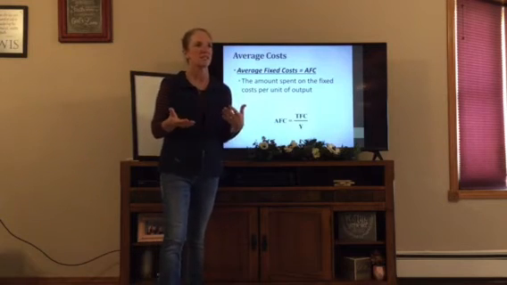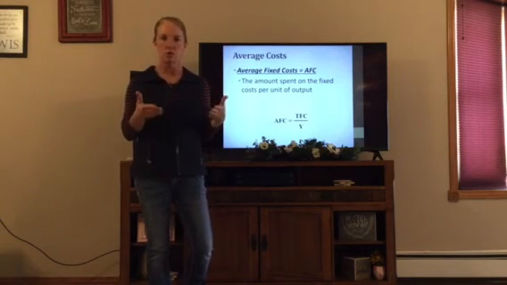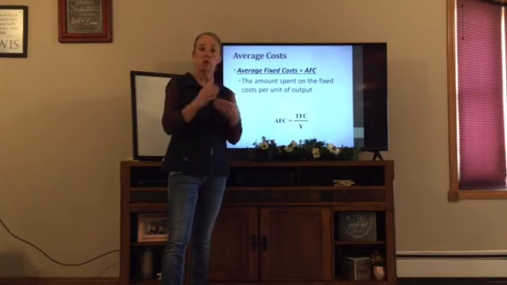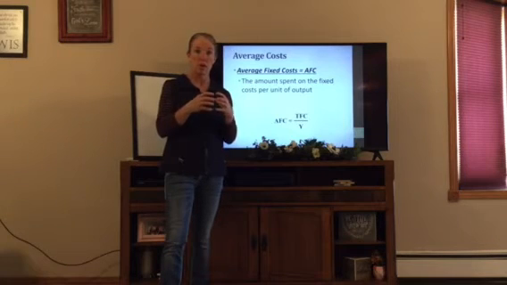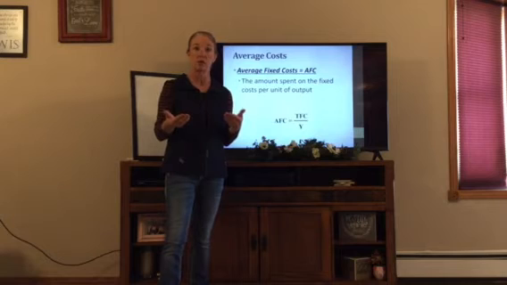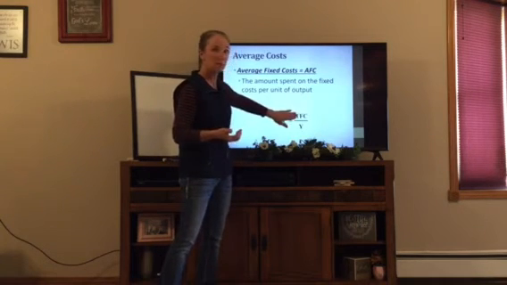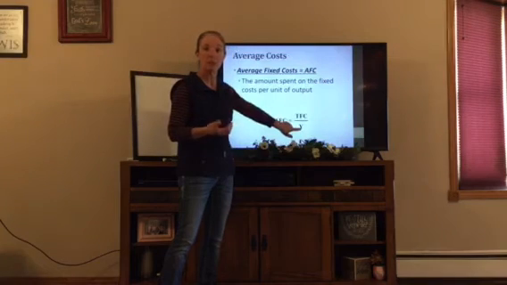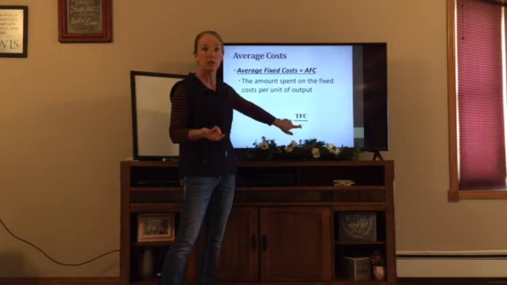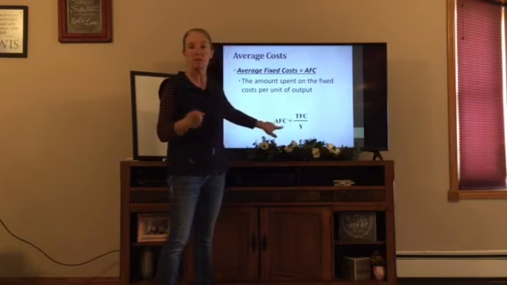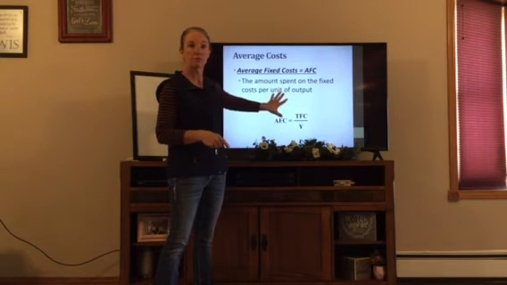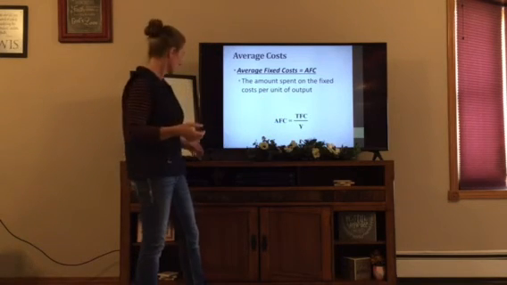Let's say we have an acre of corn that we're growing, and it costs us $200 in fixed costs to produce that corn, and I'm able to yield 200 bushels on that 1 acre. If I take the total fixed costs and divide by how much I'm yielding, which is my output, $200 divided by 200 bushels of corn means it costs me $1 per bushel in fixed cost to raise that corn. It's just a cost per unit for our fixed costs.